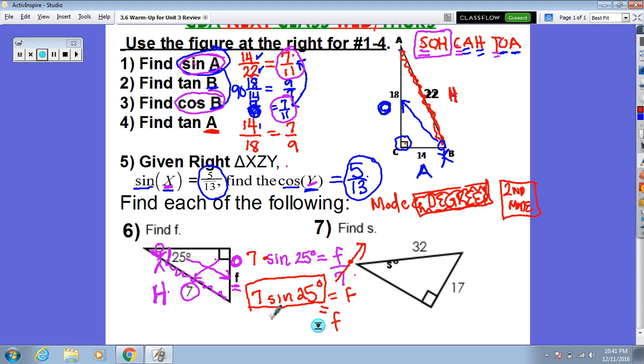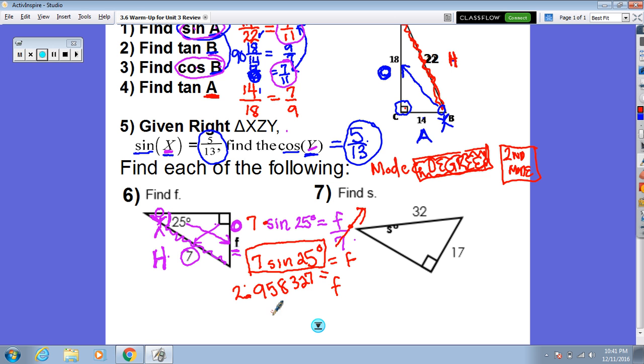So if you did that in your calculator, you should have got something that looks like this: 2.95837. Okay, we want to keep 2 places, so the 2 is the first place and the 9 would be the second place. I have to round this. Whenever you round, you look behind the last number that you want to keep.